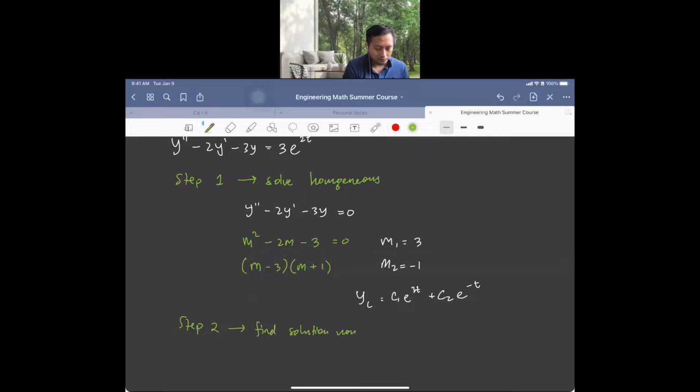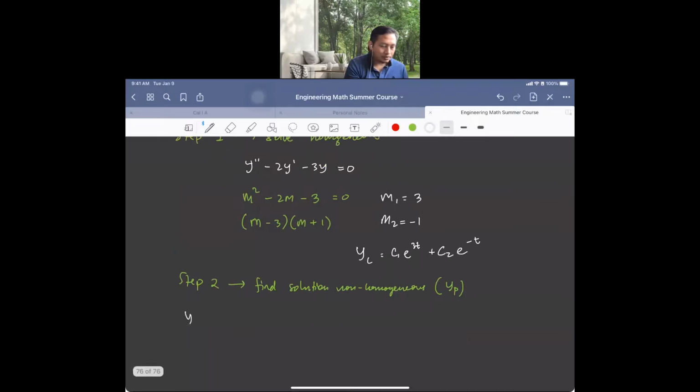Find the solution for the non-homogeneous, or yp. You can call it yp. Okay, let me write the non-homogeneous equation. The equation is having 3e^2t.